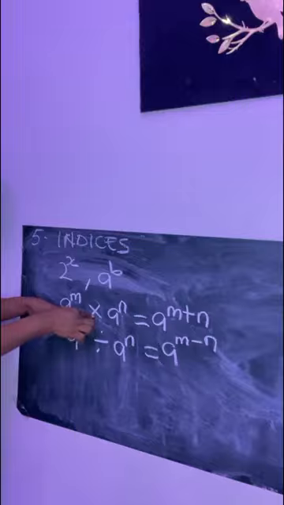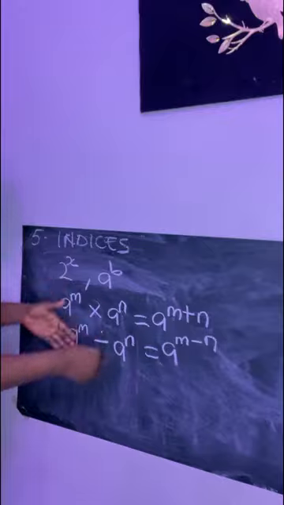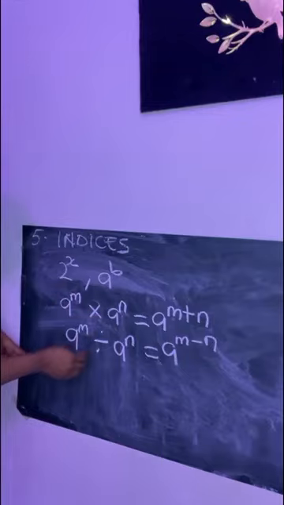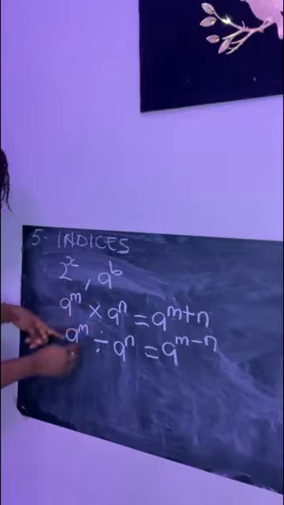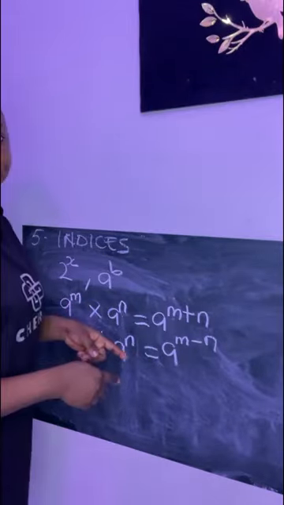So anywhere you see multiplication, remember you have to add the powers. And anywhere you see division, it means you have to subtract the other power from the first power. So knowledge of all these rules will make your calculations easier and faster.